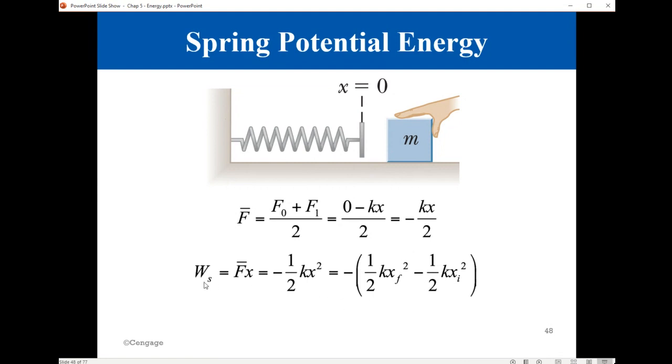Now, according to the work equation, force times displacement, it is half kx multiplied by x. So you have half kx squared. That is the work done in this situation. And this is equal to the change in the potential energy, half kx squared final minus half kx squared initial. Okay? So the change in the potential energy is equal to the work done against the spring.